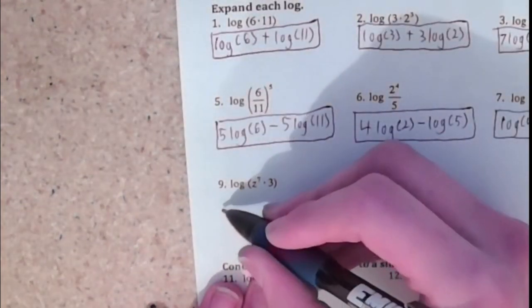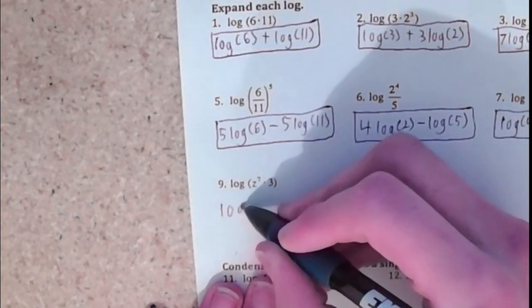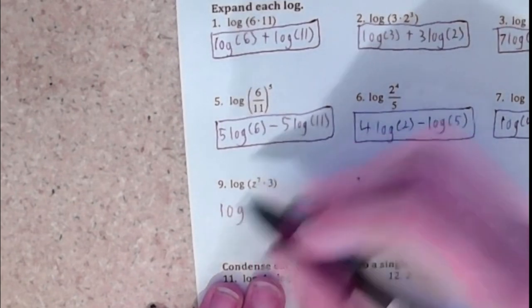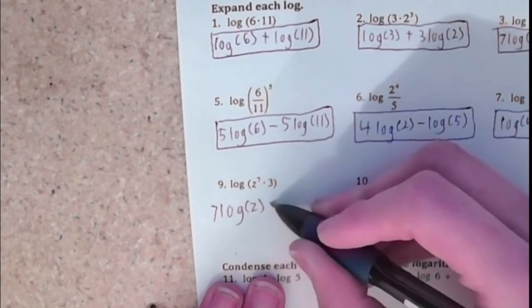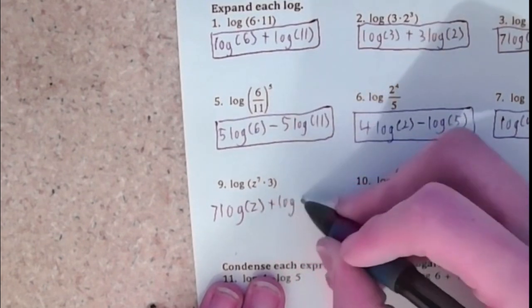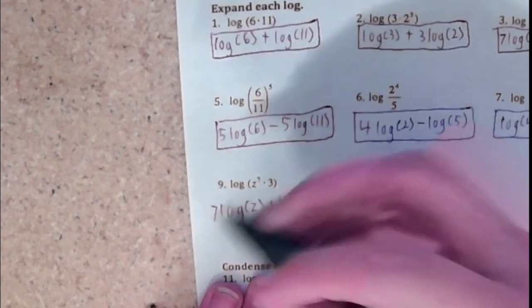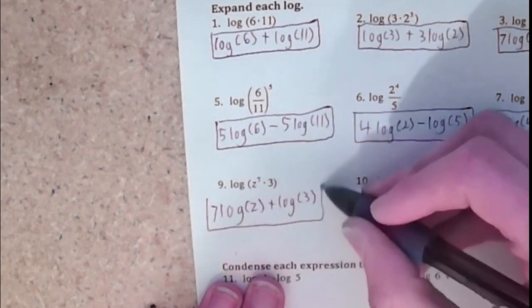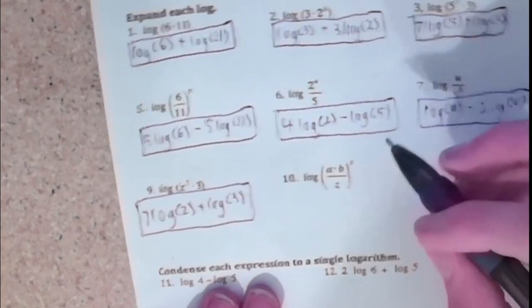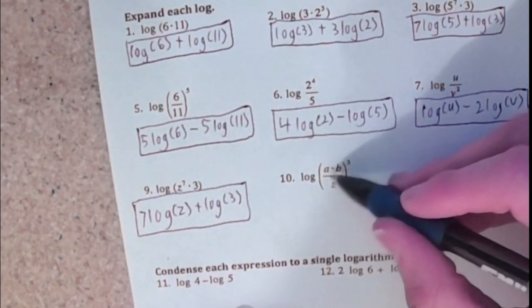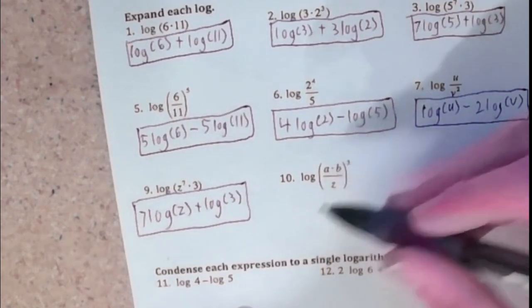Then we're going to have log, remember the 7 there, 7z plus log of 3. And then the 3 applies to all of them. And remember, anything in the numerator, that's a plus.